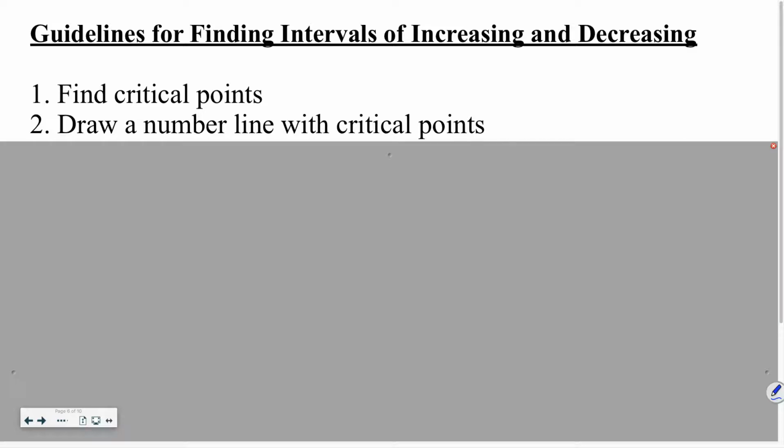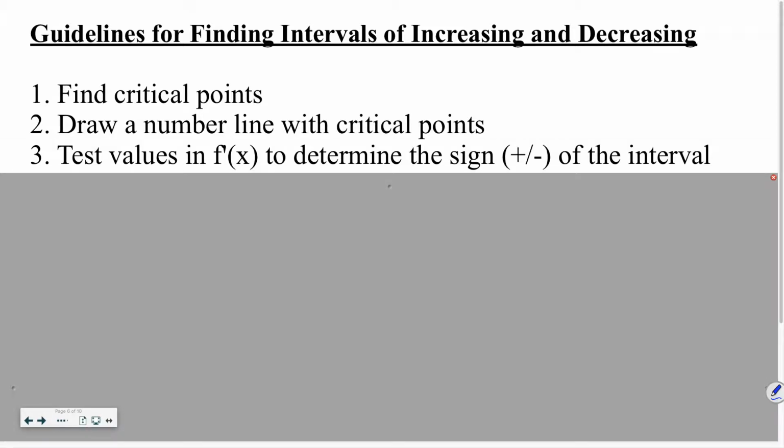So in between critical points, if our derivative is positive, it's positive for that entire chunk. If in between two critical points our derivative is negative, our derivative is going to be negative for that entire chunk. So we're going to test intervals. You're going to put values into your derivative to figure out, are my slopes negative here? Are my slopes positive here?